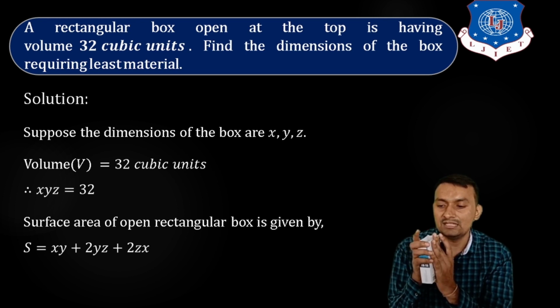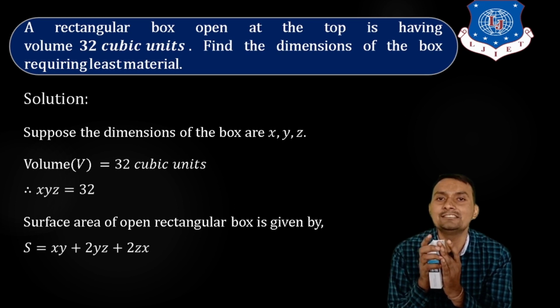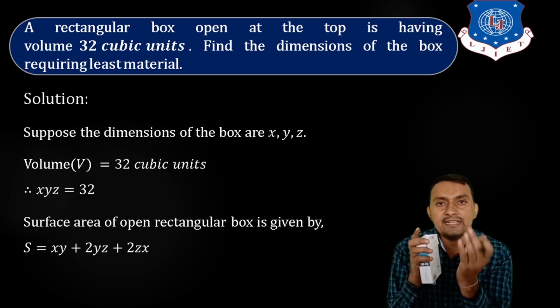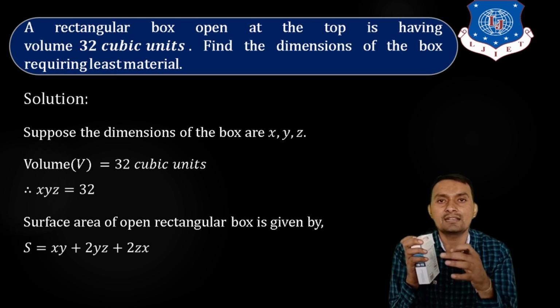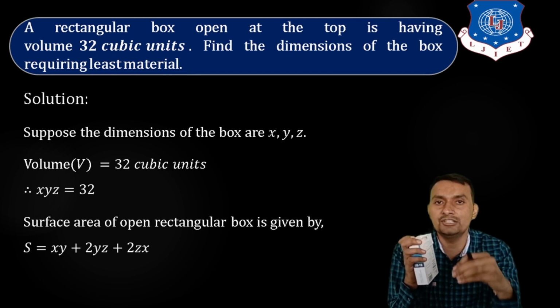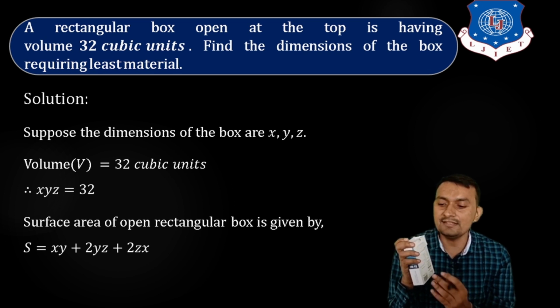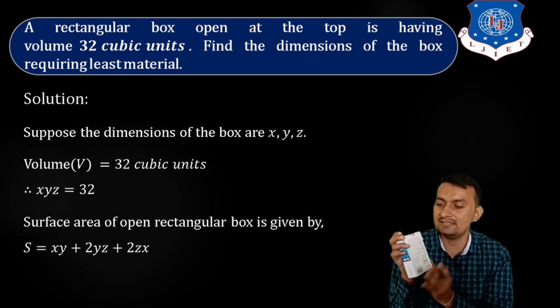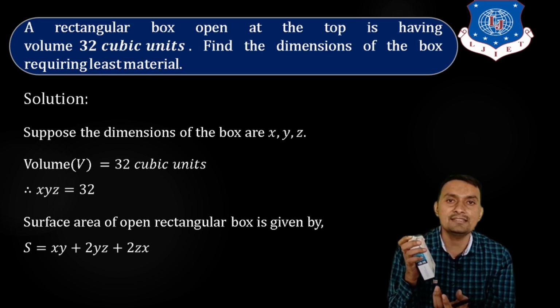So our volume must be 32. Which one is the function and which one is our constraint? We need to determine the minimum surface area for the volume 32, and that will be our constraint. The function is whatever we have written for the surface area based on the dimensions.